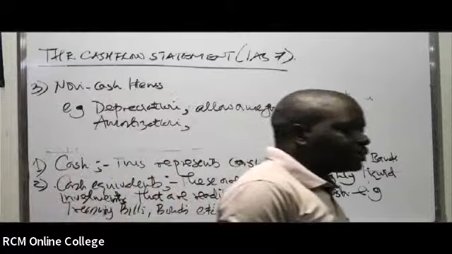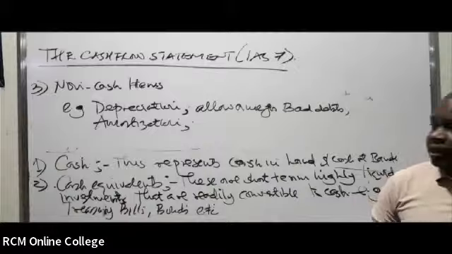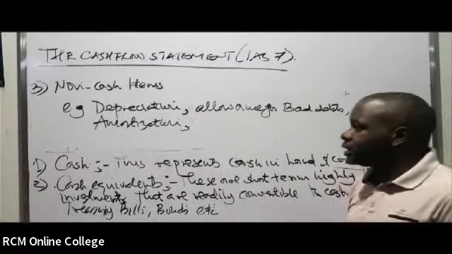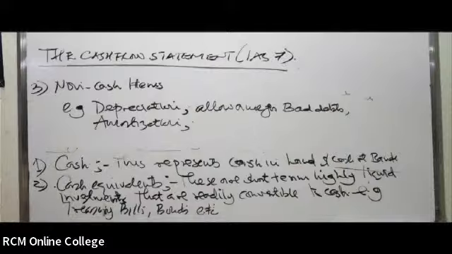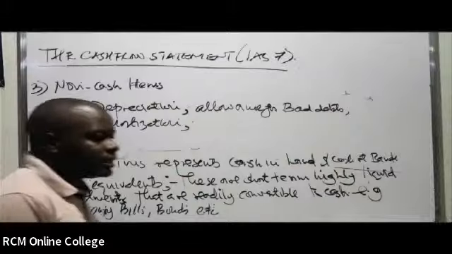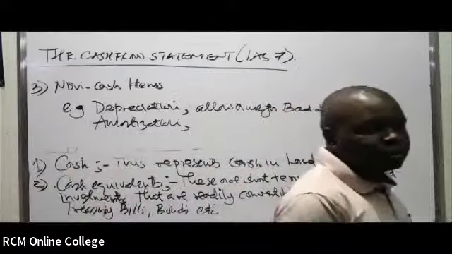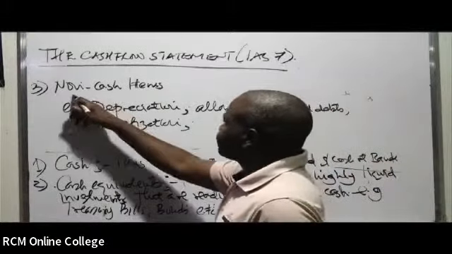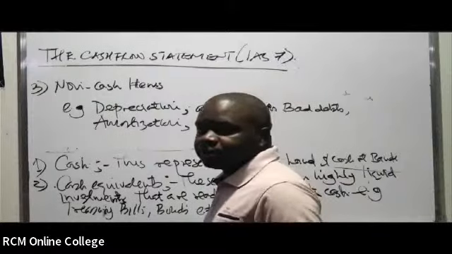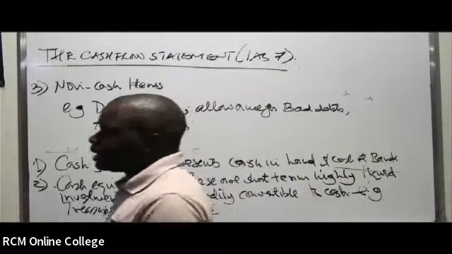Because when we are preparing the cash flow statement, there's a way we treat them. There's a way we are supposed to add them back, because we would have already deducted them in the income statement as if money went out. But again, no money went out. When you talk about depreciation of an asset, it doesn't involve real cash going out, but you account for it in the income statement.